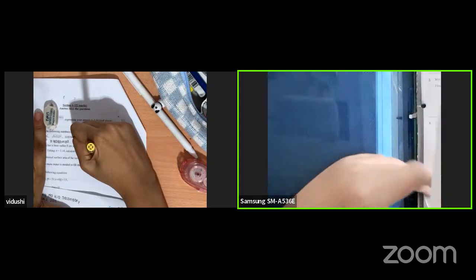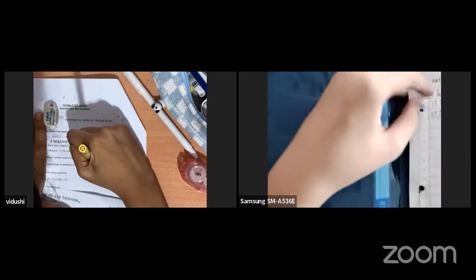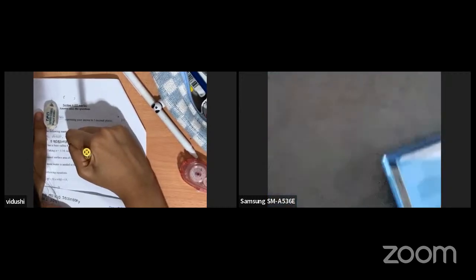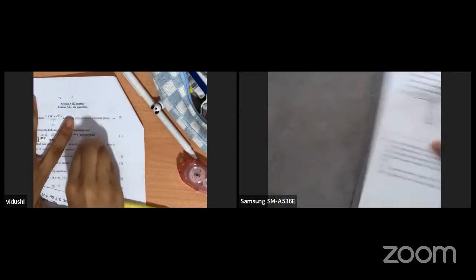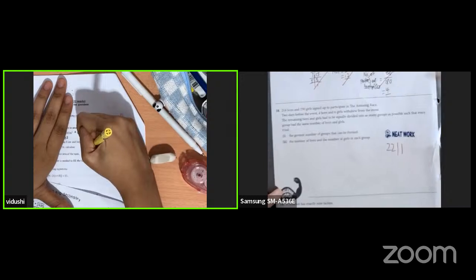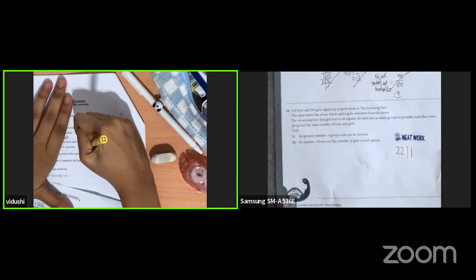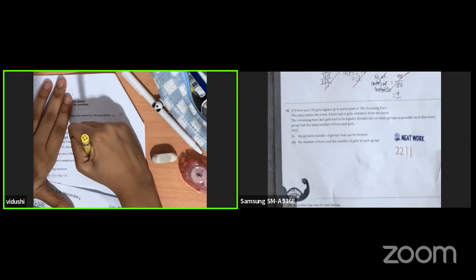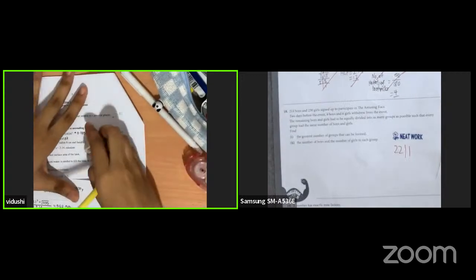Okay. Vidushi, very nice writing, but very weird drawing. Your drawing is weird. I'm a visual arts student. It's like I'm from heaven and not earth. What is this? True that, that looks disgusting.